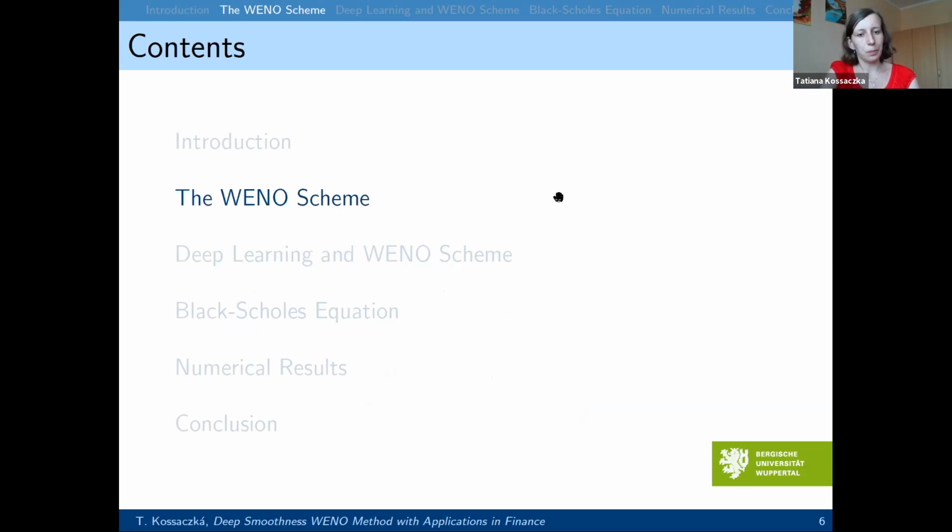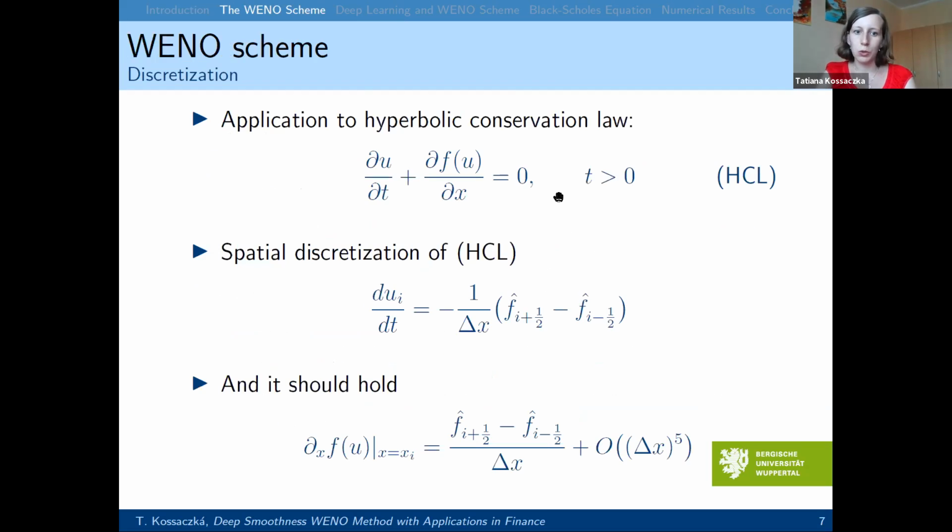Okay, so firstly, I will briefly introduce the method and what it is about. As I said, this method comes from the area of hyperbolic conservation laws, so I will explain it on a very easy example of a hyperbolic conservation law.